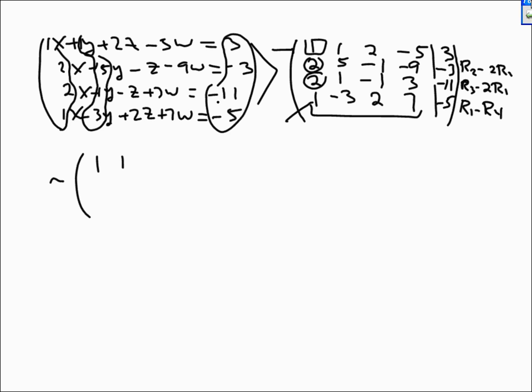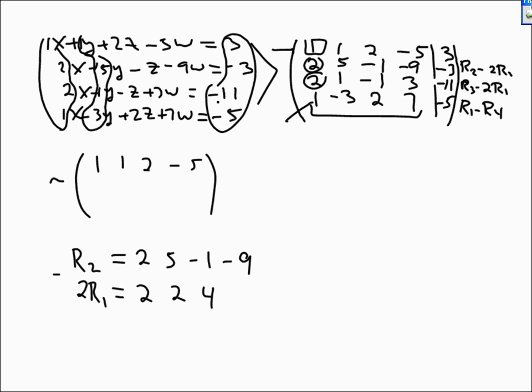Row 1, no change. Row 2 is going to be whatever row 2 is minus 2 row 1's. Row 2 is 2, 5, negative 1, negative 9, negative 3. And twice row 1 is 2, 2, 4, negative 10, and 6.